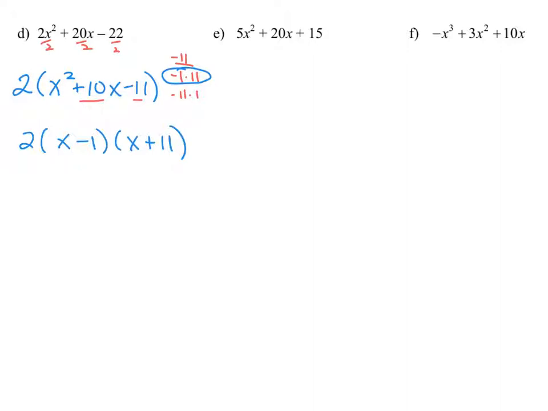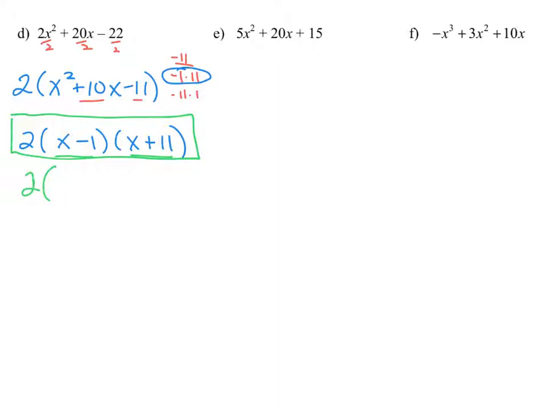So in factored form, the entire polynomial can be written as 2 times the factor x minus 1 times the factor x plus 11. And you can check this by using the FOIL process for the two factors x minus 1 and x plus 11, and then multiplying that result by 2.